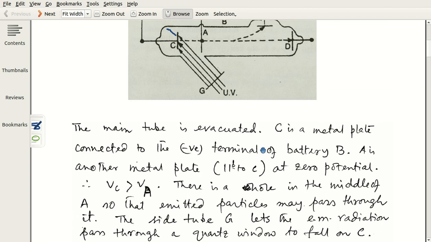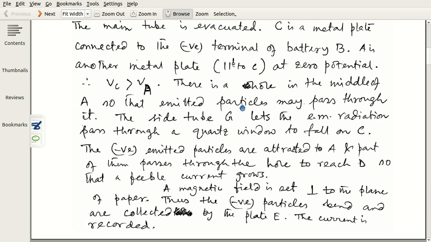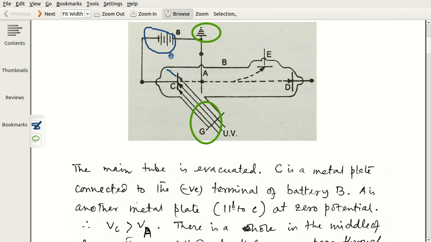And this is the side tube G, from where electromagnetic radiation, written UV ray here, passes through it and falls on the plate C, and thus the photoelectrons are ejected, and they go to A, then pass to D.